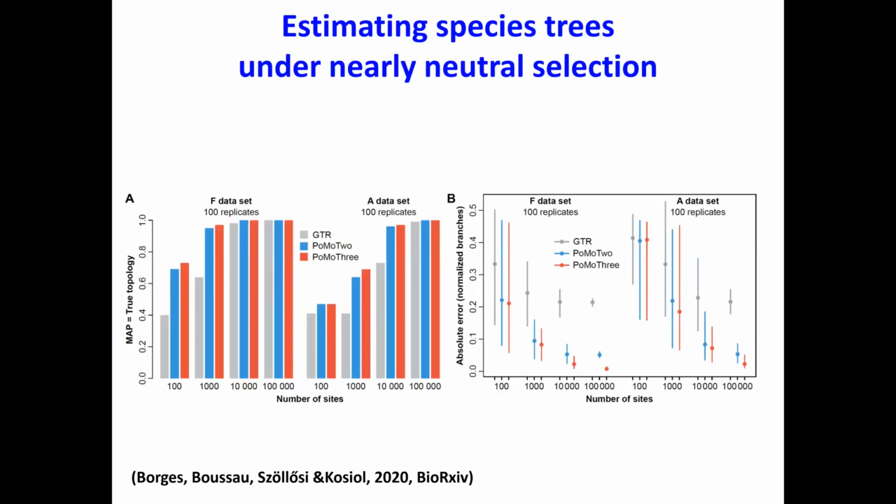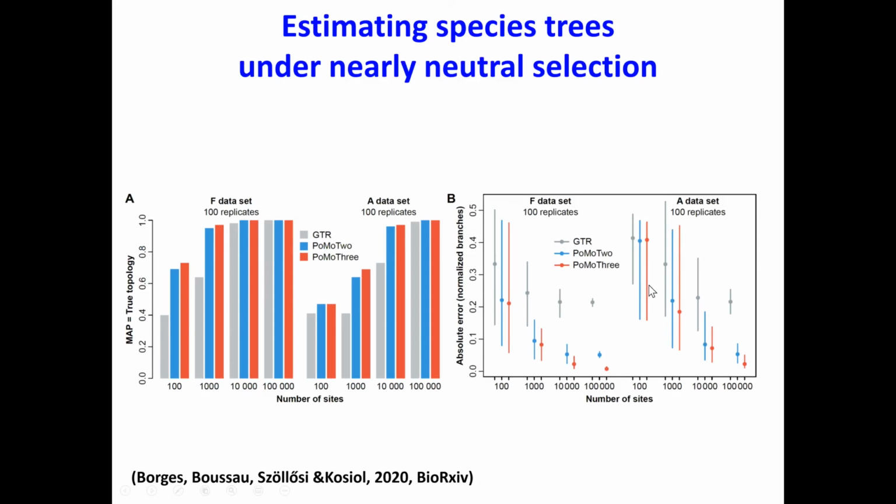Does it make a difference? In our simulations, we simulated data sets which are similar to real data sets. This is a Bayesian method, and the question is how often the MAP tree matches the true topology. If you increase the data, if you include selection, it does help for fewer sites, but basically, if you have enough data, you're probably going to get the right topology.